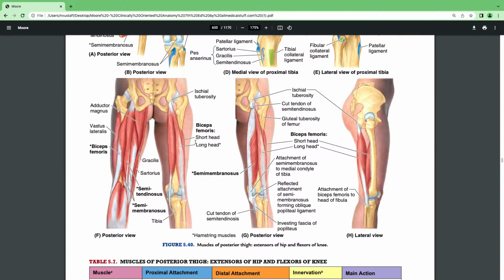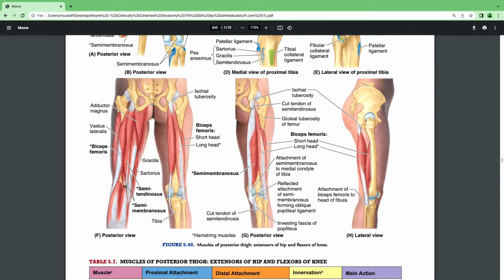That's why you can find here the portion of the biceps femoris, as well as semitendinosus and semimembranosus, which is very well seen here. You see, this is the part of the semitendinosus, or from that side it's also very well seen.